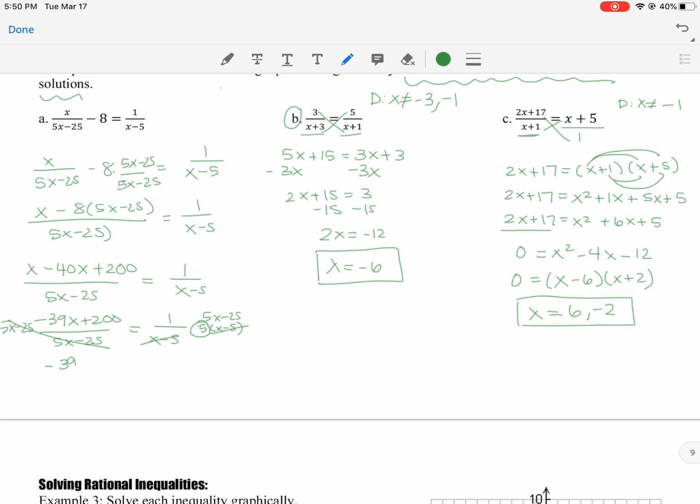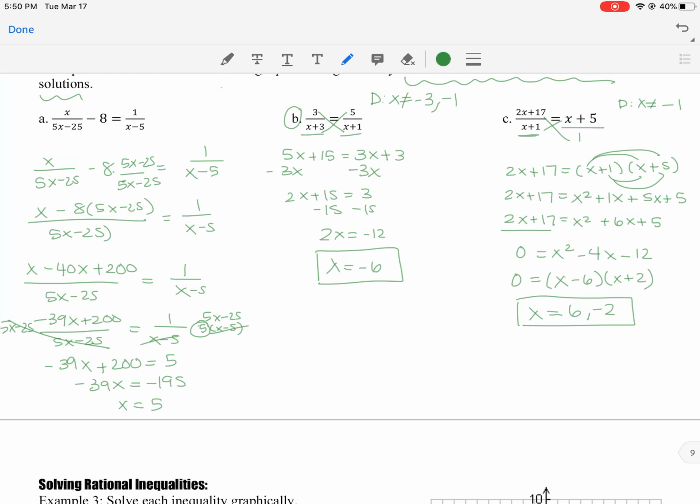So you have negative 39x plus 200 equals 1 times 5, so just 5. So negative 39x, if I move the 200 to the other side, I get negative 195. So if I take 195 and I divide it by 39, sorry, I did not know that one off the top of my head, I end up with x equals positive 5.